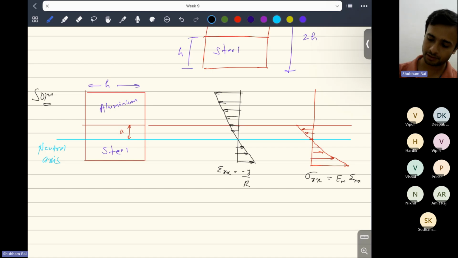So here it will be discontinuous because your strain is continuous, but your modulus is discontinuous. So here there will be sudden change in modulus. So E into epsilon xx, here there will be discontinuity. So it will be something like this.